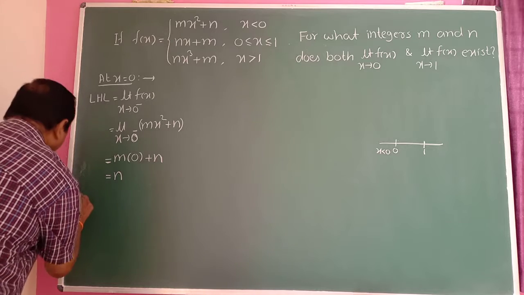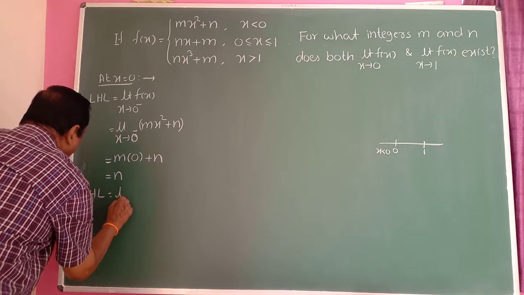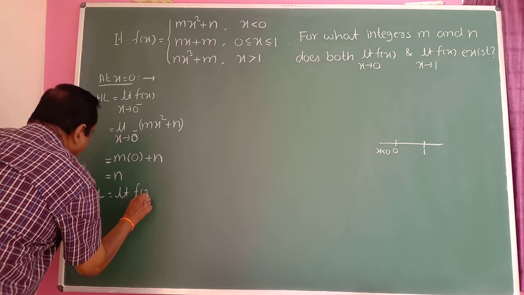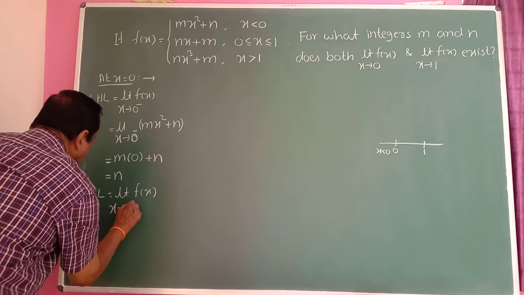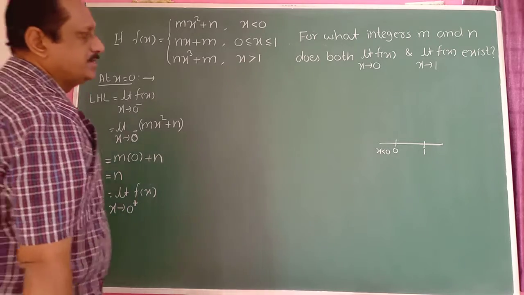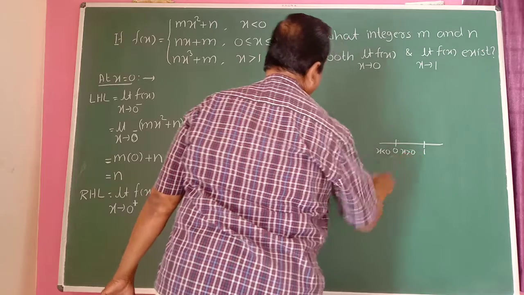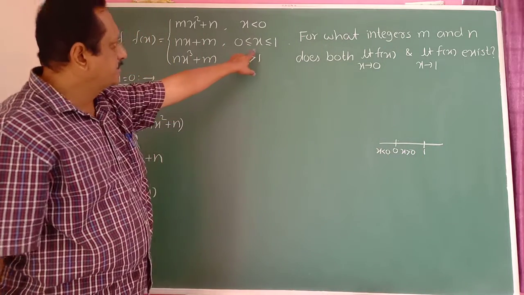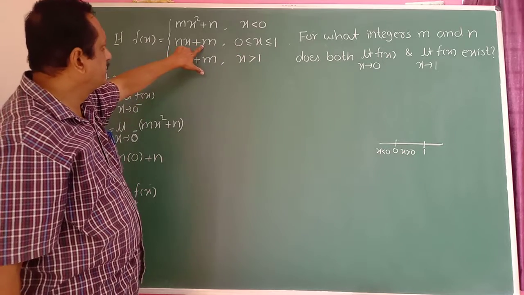Then RHL is equal to the limit of f of x as x tending to 0 plus. Plus indicates taking values from the right hand side, x greater than 0. You just observe here, x greater than 0 is this one, nx plus m.